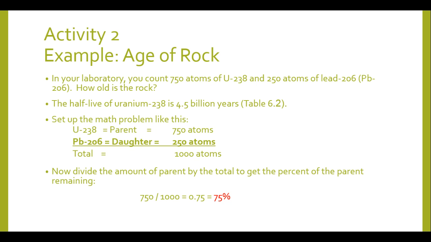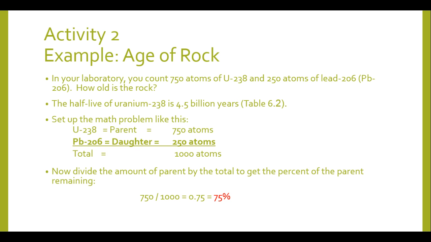The lead-206 shows under the daughter. So we now know that the parent is the uranium-238, the daughter is the lead-206. The other information we gathered from that table is that the half-life of the uranium-238 is 4.5 billion years.